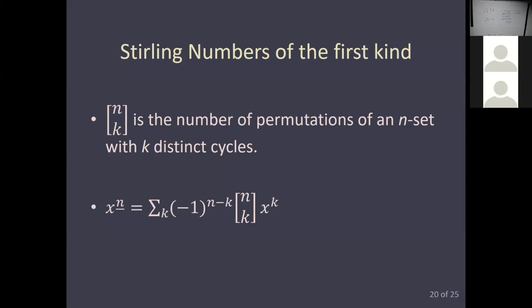All right. So an interesting little formula for these guys. If you look at it carefully here, I can't highlight it because I'm in the presentation. At the bottom formula there, x to the n falling is equal to this sum. This is very similar to the binomial formula.